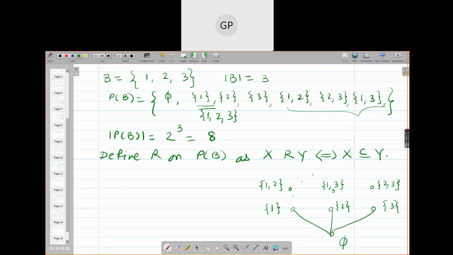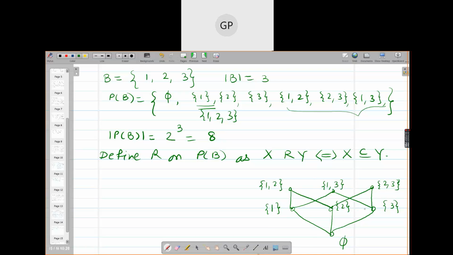So 1 is a subset of 1, 2 and 2 is also a subset of 1, 2, right? And 1 and 2 both are covered by 1, 2. Similarly, 1 is covered by 1, 3. 2 is covered by 2, 3 and 3 is covered by 2, 3. This is how it goes.